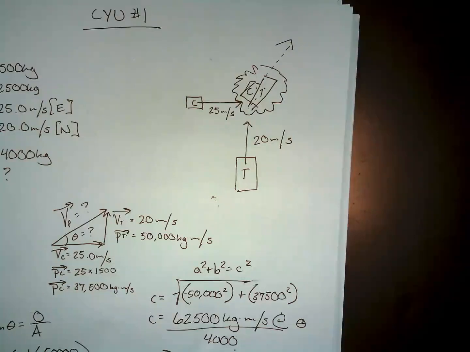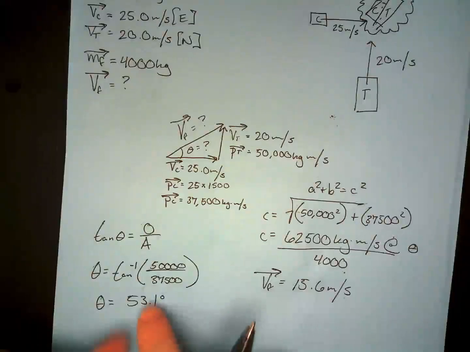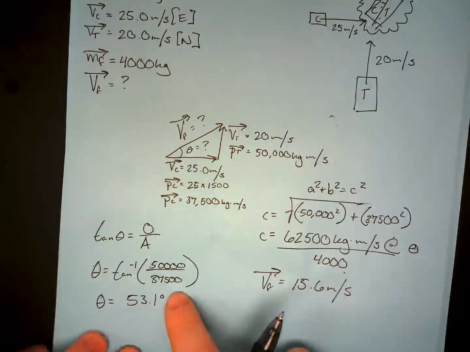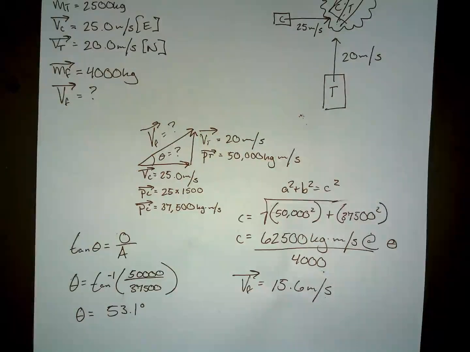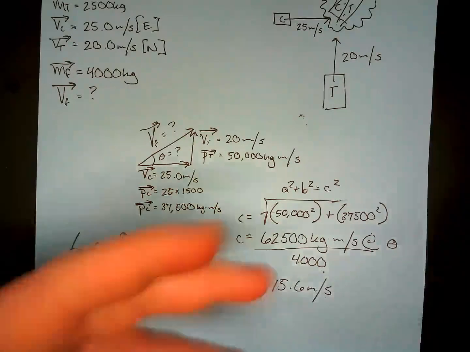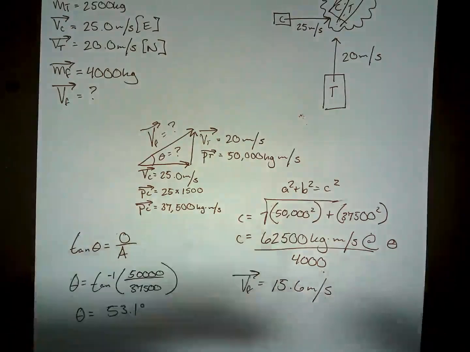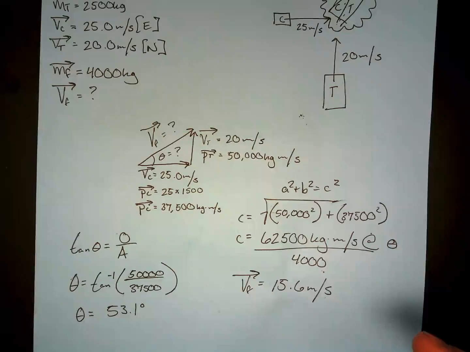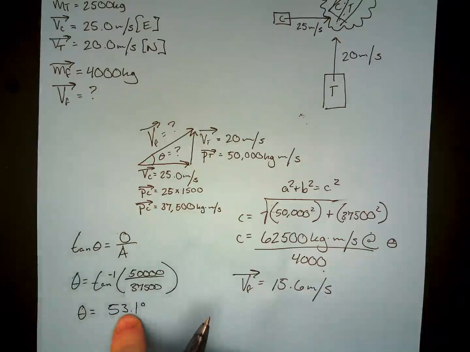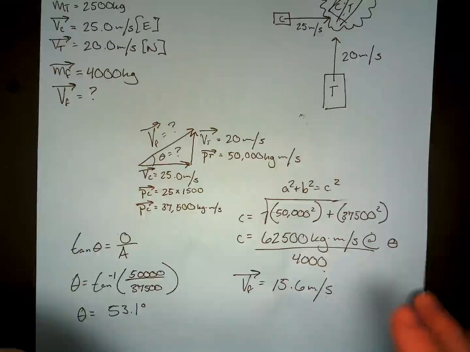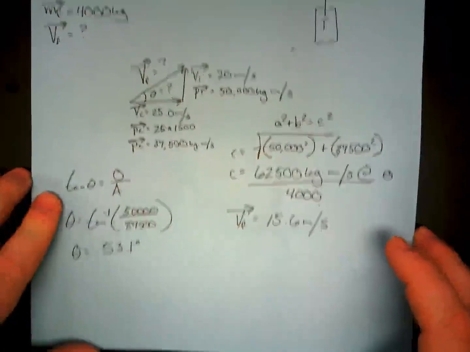If it was below 45, then maybe we got these mixed up, because that's not what we should expect. We should expect the object with the higher momentum to carry both objects in a direction closer to its original direction of motion. Okay, so 53 should make sense. That is what we should have expected to some degree.